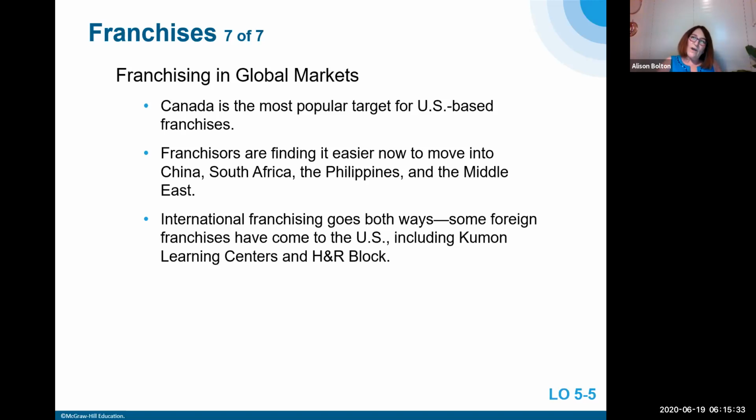So now you have something you need to really think about. If you are going to own a tax company in a different country, you will have to learn the taxes for that country, and you have to know their exchange rates and all the different laws for taxes. So there's a lot of work involved if you go international with a business that is normally just here in the United States.